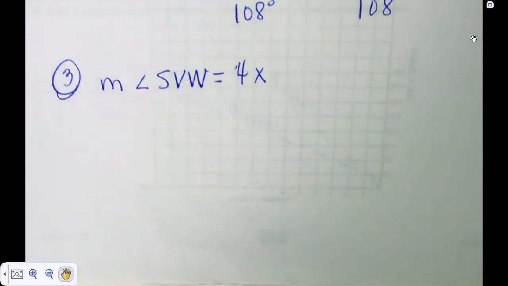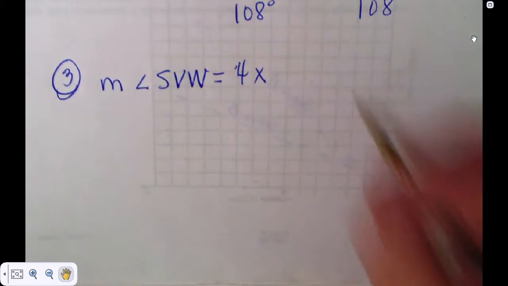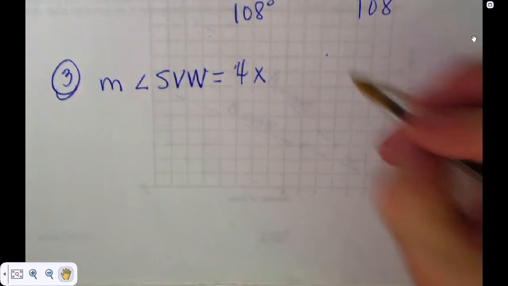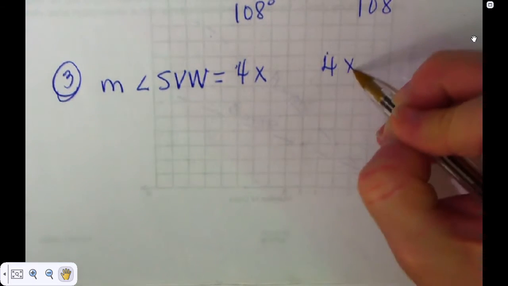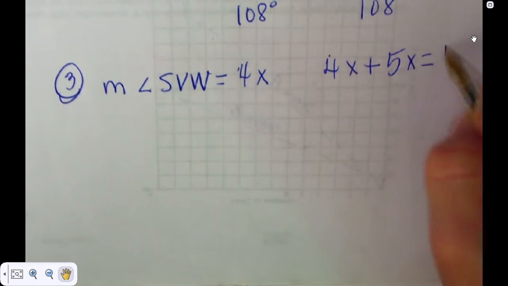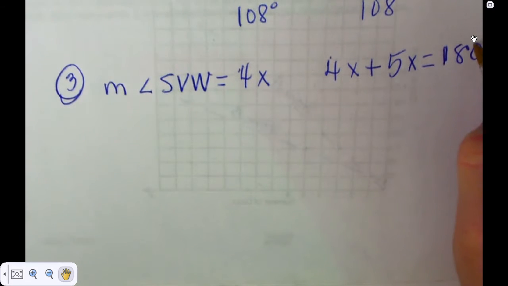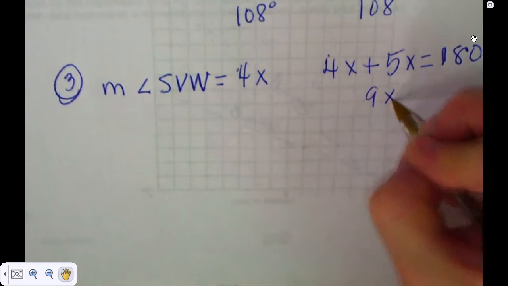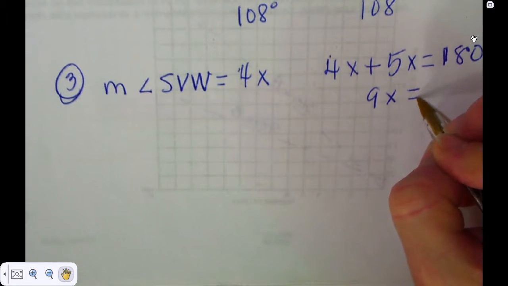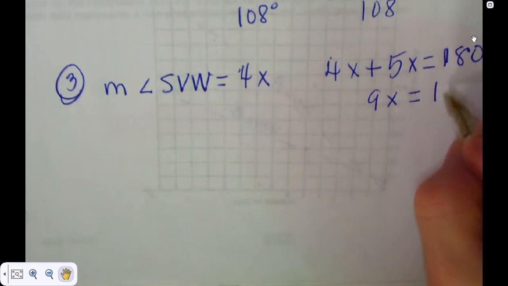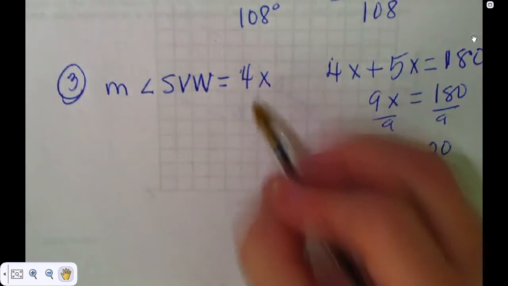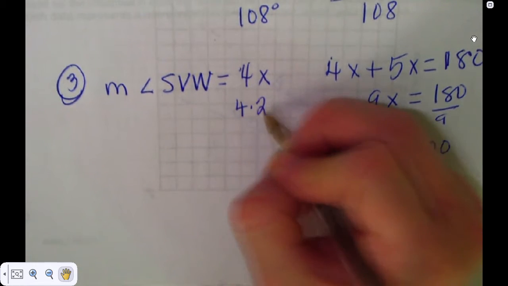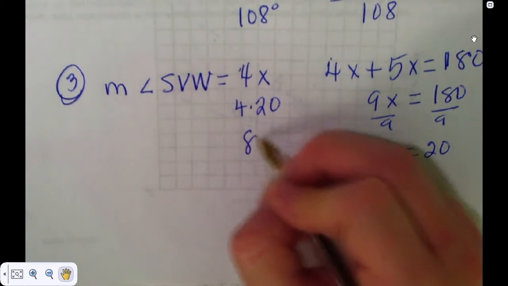That's why put your pencil on it. So it's 4x. So what do we know about that diagram? 4x, 180, huh? Those two are same side interior. They're supplementary. So, guys, we have the same problem we did a while ago on this part. And divide by 9. So x is 20. Now, this is different, though. So 4 times 20 is 80 degrees.